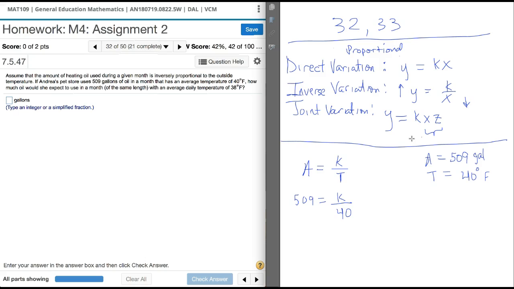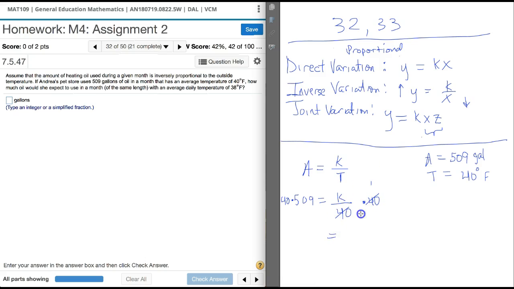So to solve for K, here we know that we can just multiply both sides by 40. We're going to do 40 times that.